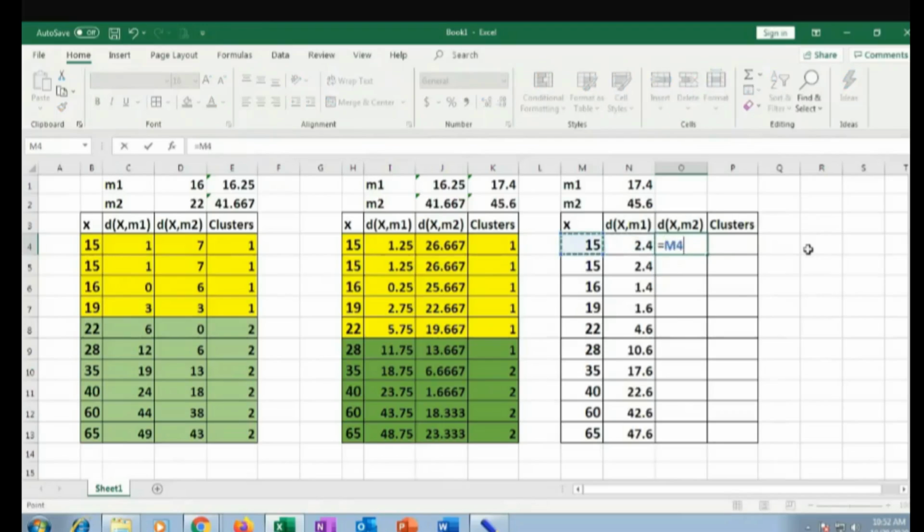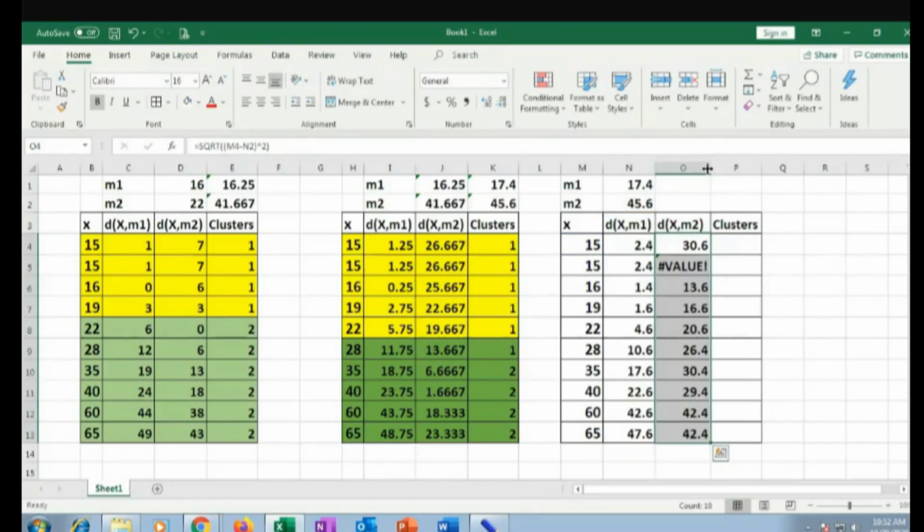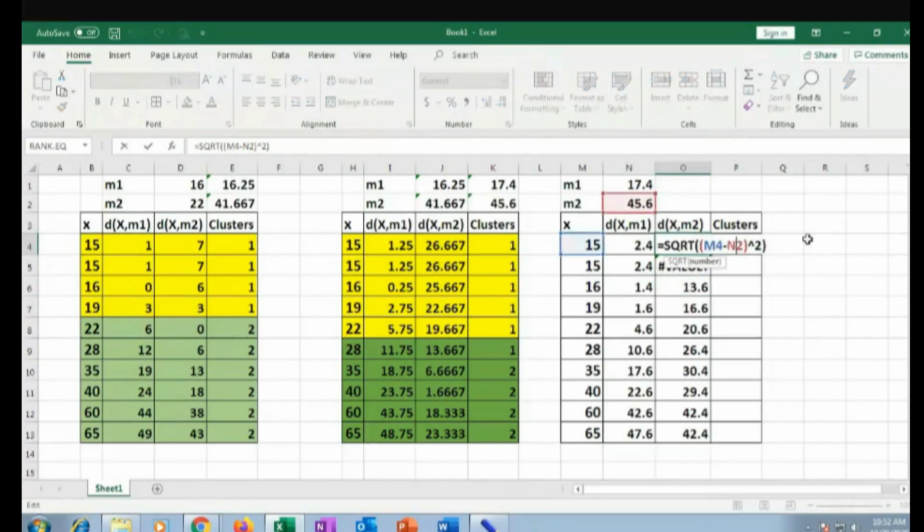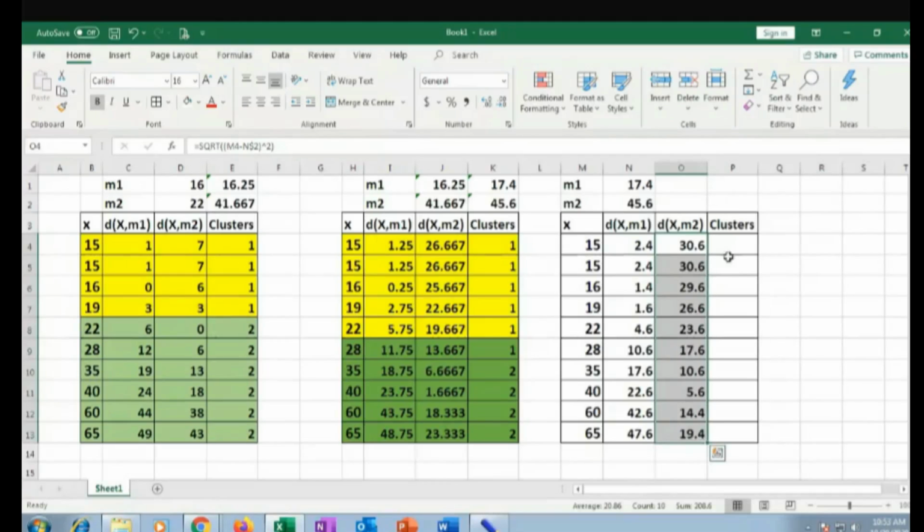Then the square root of x minus m2, and then the square of this, then drag it over here. What happened? Sorry, what I forgot is to put the dollar. Good.